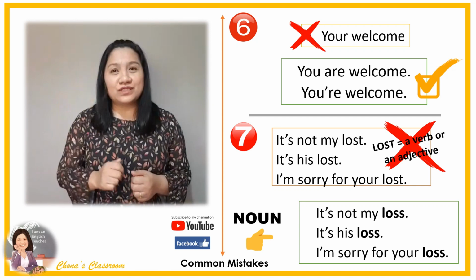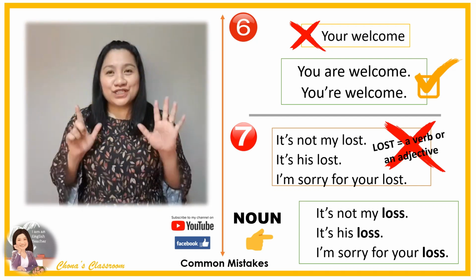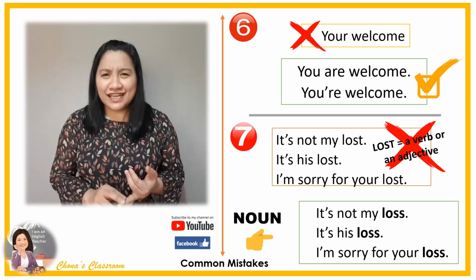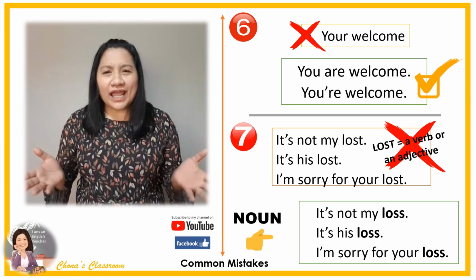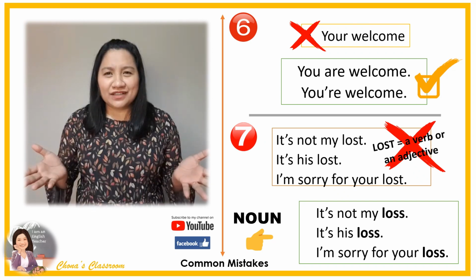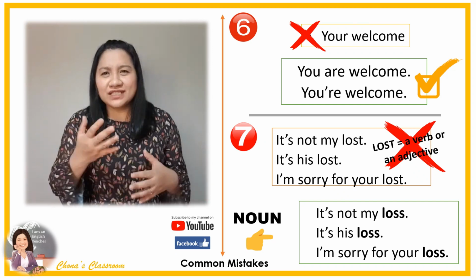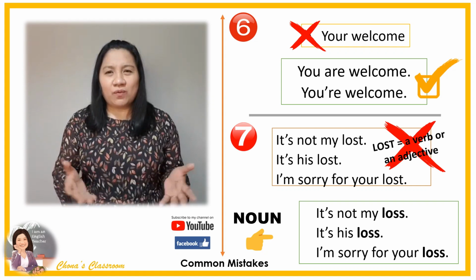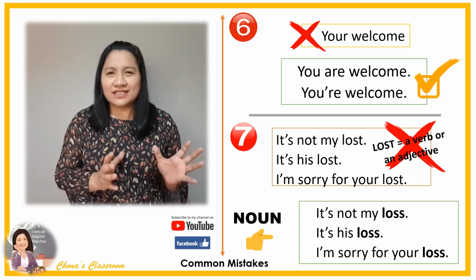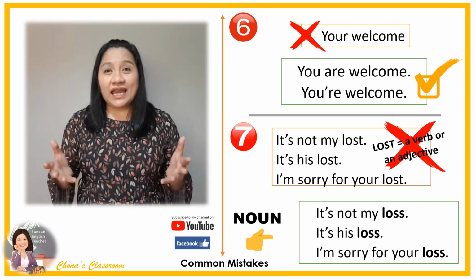Number 7. It's not my lost, it is his lost, or I am sorry for your lost. Why is it incorrect? All of these expressions are incorrect because we don't need a verb or an adjective in these sentences. We need a noun.